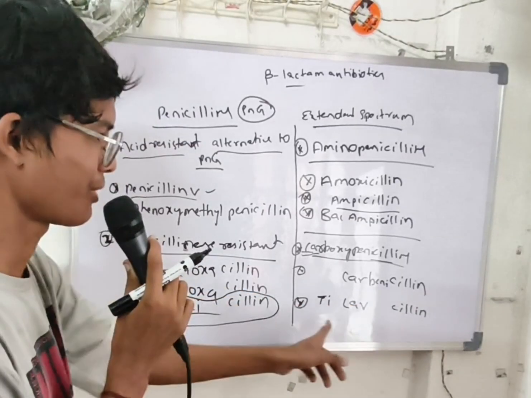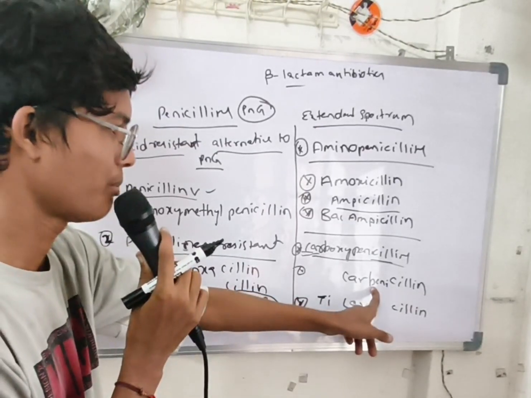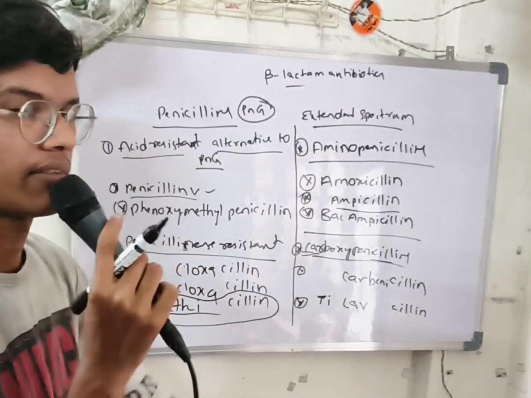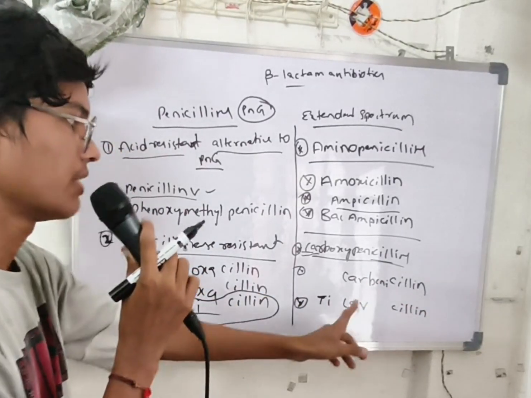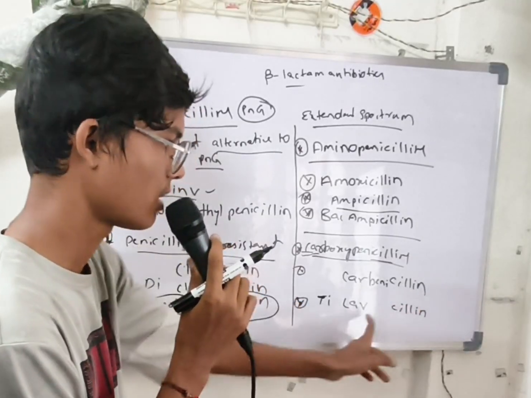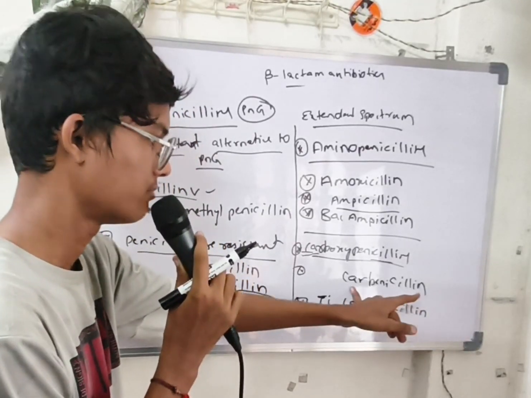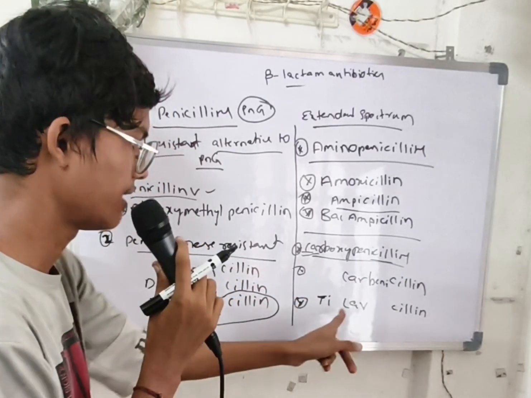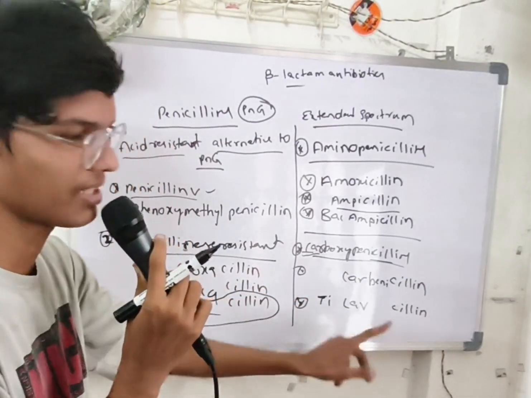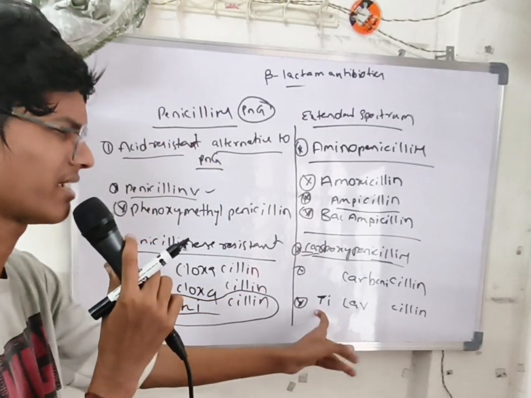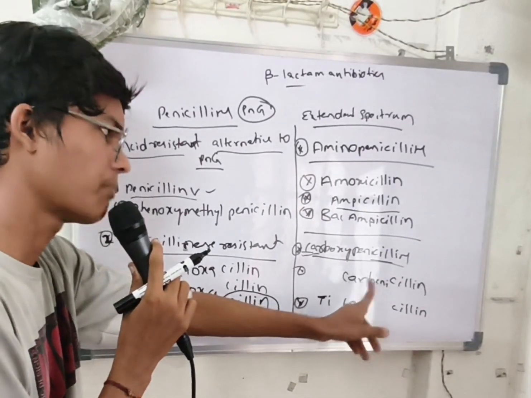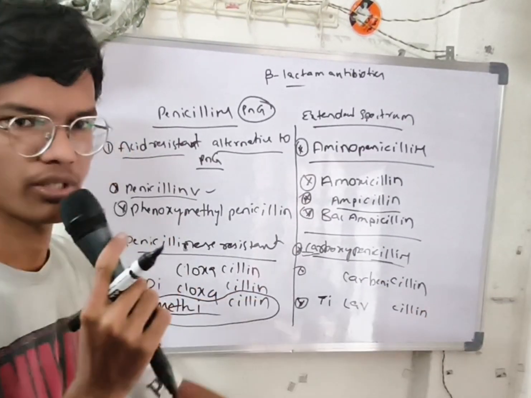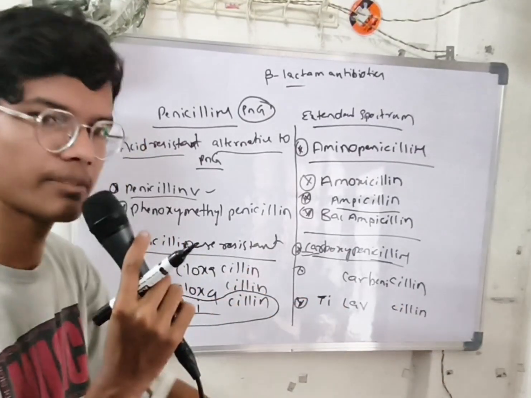We can remember it like that, since most of the spelling of our drugs we get initially. So car we got, cillin we got, and in the first drug we have to add something in the middle, and in the second drug we add something in the initial part. Ticarcillin I think we can remember. Carbenicillin, if you practice two or three times you can write it.